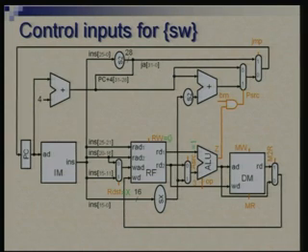ALU source is 1, because we need to take the bottom input. Memory write is 1, it is a store instruction. Memory read is 0, and M2R is also X. This will also go with RDST. So when RW is 0, RDST will be X and M2R will be X. These will be don't cares. It does not matter which one you select.